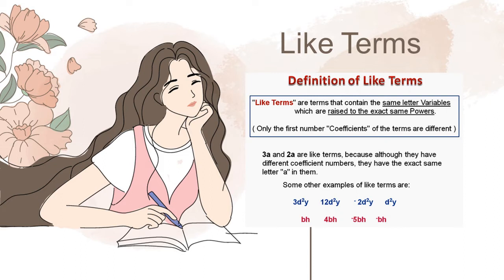We have here also other examples of like terms: 3d squared y, 12d squared y, negative 2d squared y, d squared y, and also bh, 4bh, negative 5bh, and negative bh.